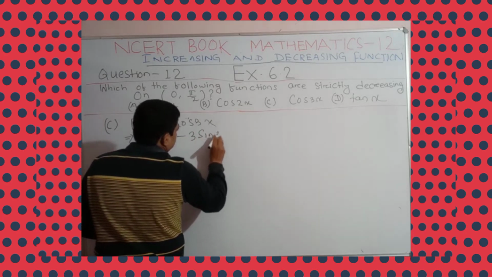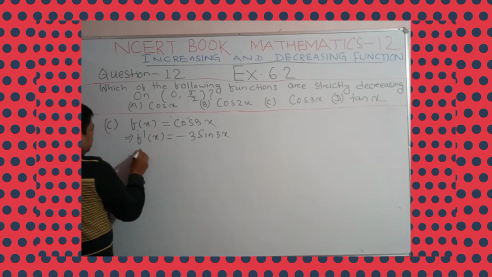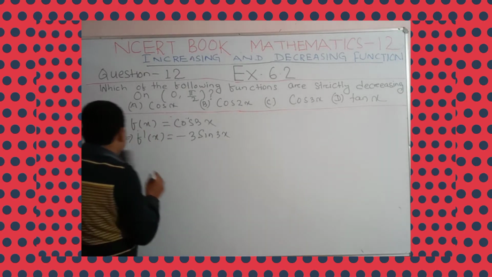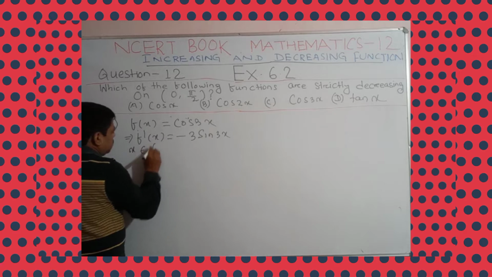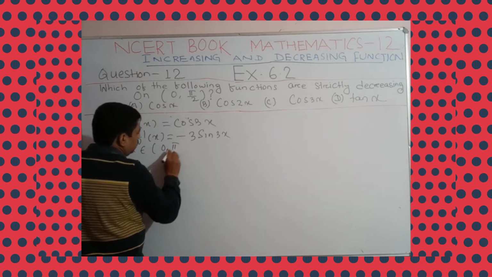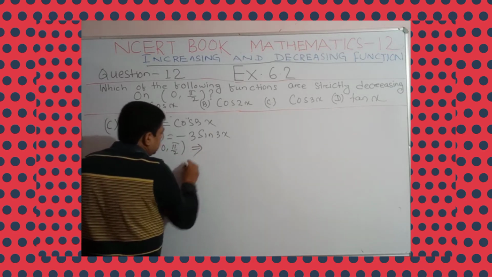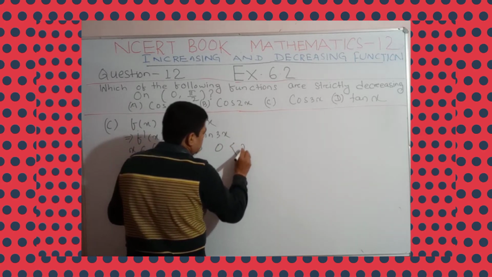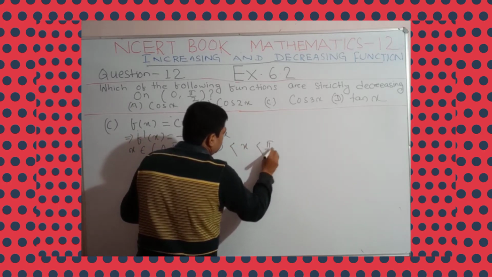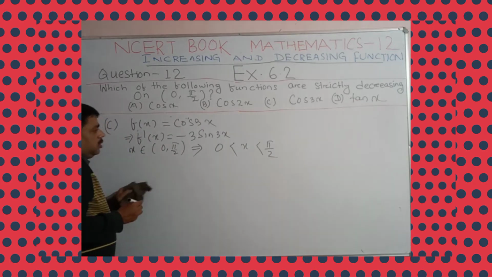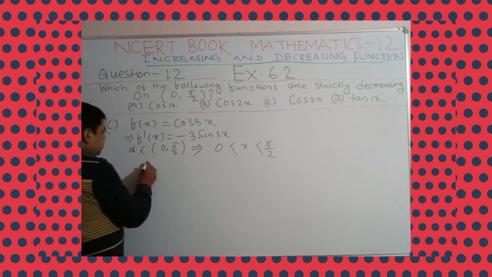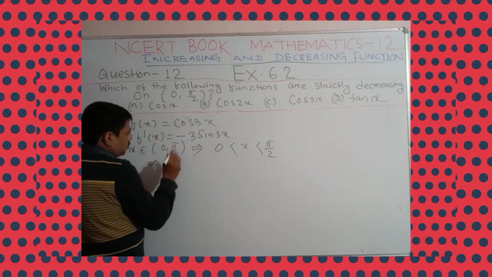Understand or not? That implies, you see here the domain is given: x belongs to 0 to pi/2. Is it clear? That implies 0 is less than x is less than pi/2. So here the angle is 3x, so multiply by 3 on both sides of the inequality.